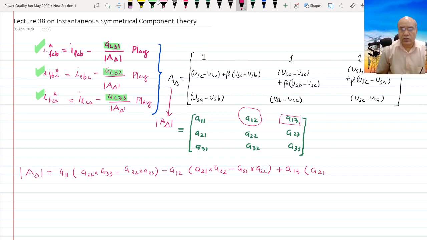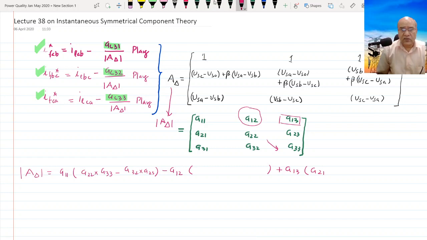This should be actually A33, not this. Please correct this. This is A33. I'm sorry, please do it again.